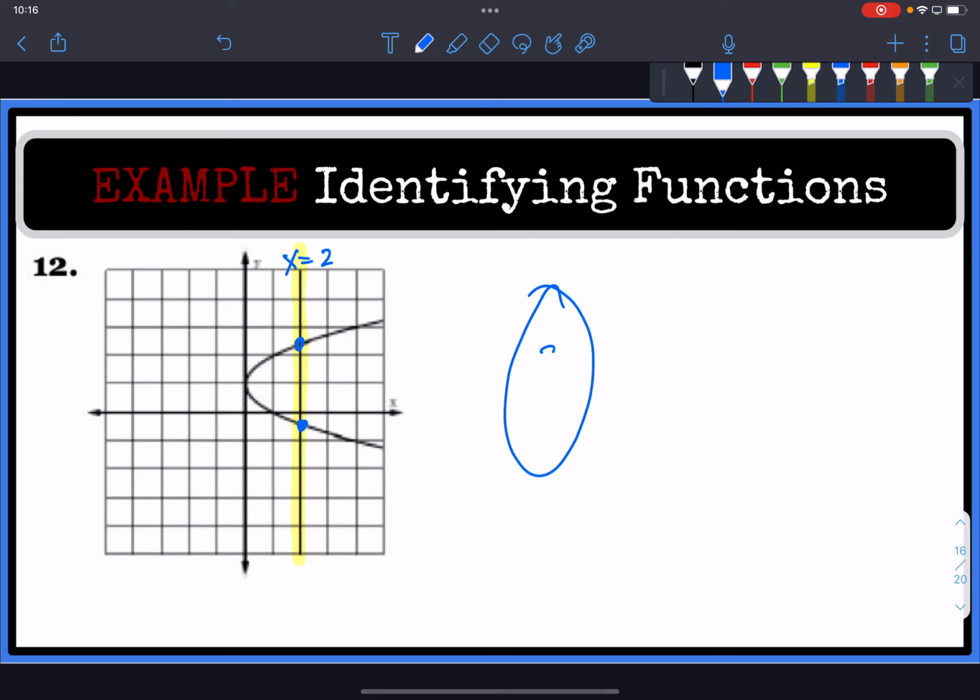If I represent this as a mapping, we have 2 points. We have this point up here, which looks to be like 2.5, and we have this point down there which looks to be around negative 0.4. So it's being mapped to two different locations. So this is not a function.